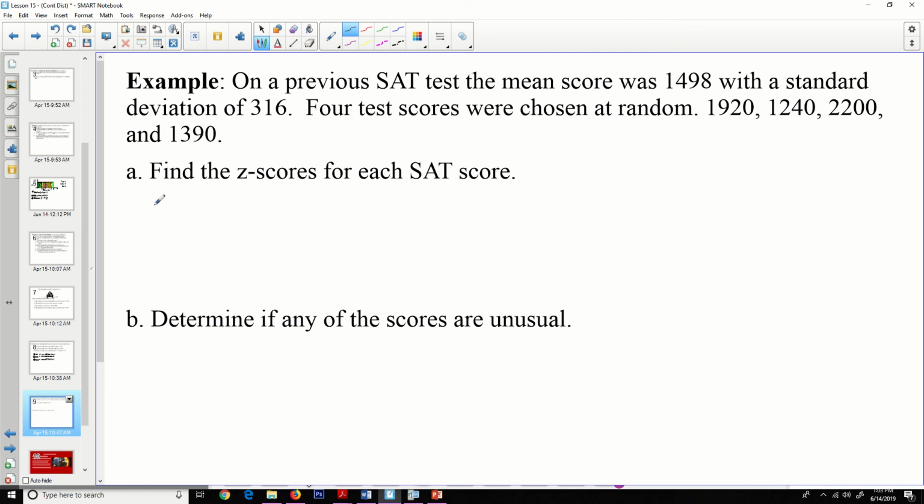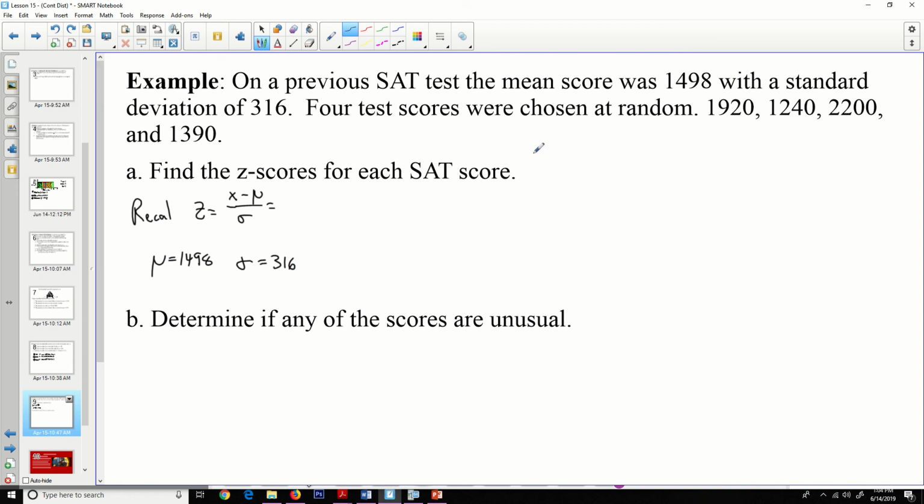Okay, so let's recall. Z-score is equal to x minus the mean over the standard deviation. Now, in this particular instance, the mean is 1498 and the standard deviation is 316, and they want us to calculate 4 values.